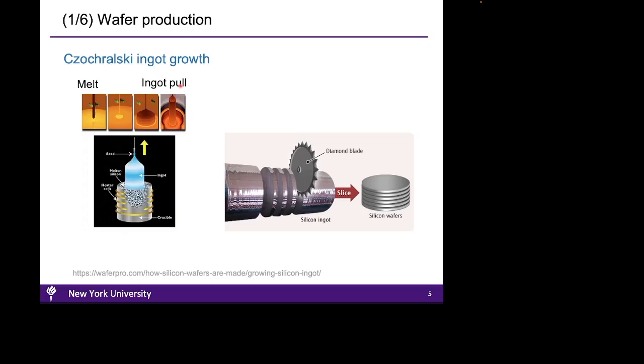In this process, the initial raw material is melted in a furnace and pulled into a single crystal ingot using a seed layer. The picture here on the right shows the ingot being sliced to produce individual wafers.